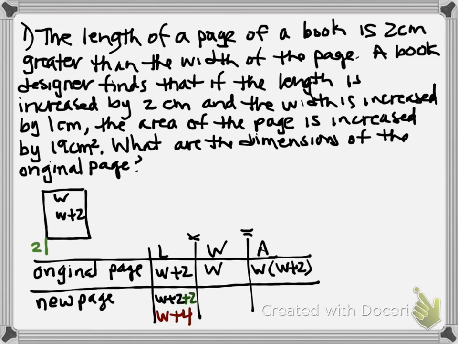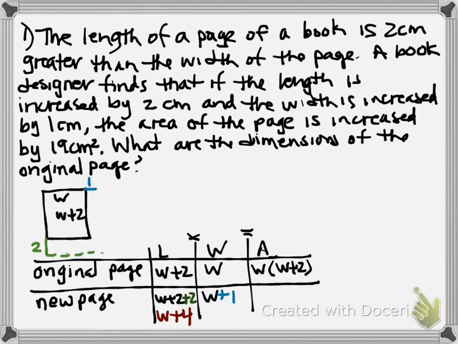Then they asked me to increase the width, original width, by 1 centimeter. Okay, so I'm taking the old width and I'm increasing it by 1. So that's what the new width is. And the area of the new page, so let me kind of color out what that new page would look like.